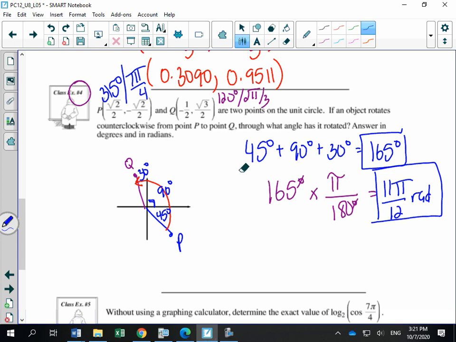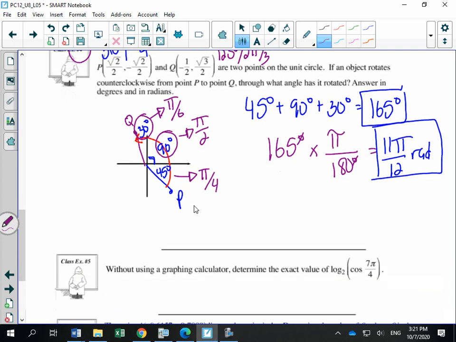In order to show you the math behind it, let's do the adding, but with radians. So we know that this here is pi over 4, right? Each piece here would be pi over 4. This 90 degrees, we know, is pi over 2. And 30 degrees is pi over 6. So if I add those three together, we have pi over 4 plus pi over 2 plus pi over 6.